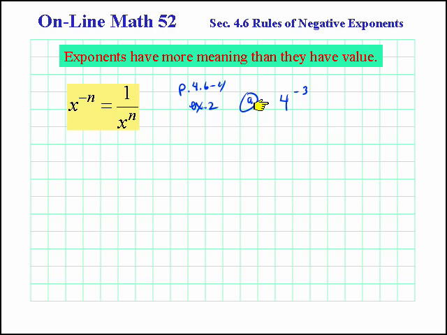Will that be a negative number? Remember the number line. This is a small positive number, but not a negative number. In fact, according to this rule, that is 1 over 4 to the 3rd power. Now, that's a pretty small number. 4 to the 3rd, 4 times 4 times 4, is 64.